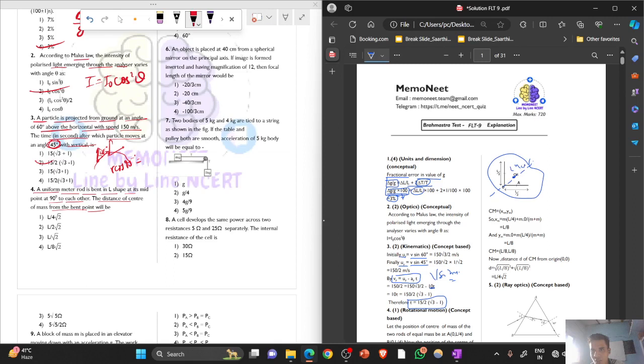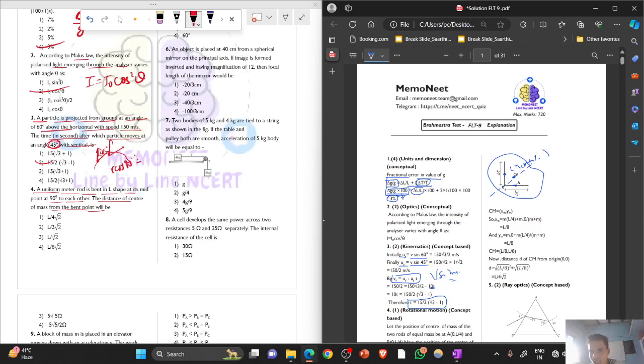That will be Xcm and Ycm. You can calculate the Xcm of this, then the Xcm of this. Again, you can calculate the Ycm of this and then the Ycm of this. By knowing these values, you can calculate using m1x1 plus m2x2 by m1 plus m2, or L1x1 plus L2x2 by L1 plus L2. By this formula, you can easily find out the value.